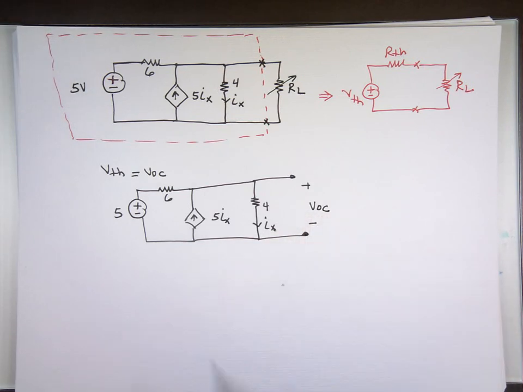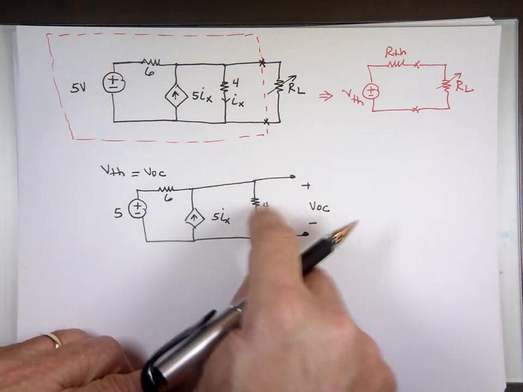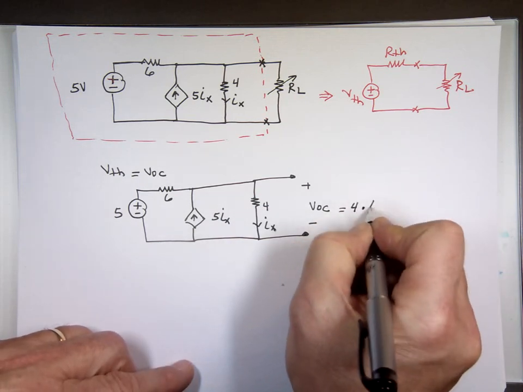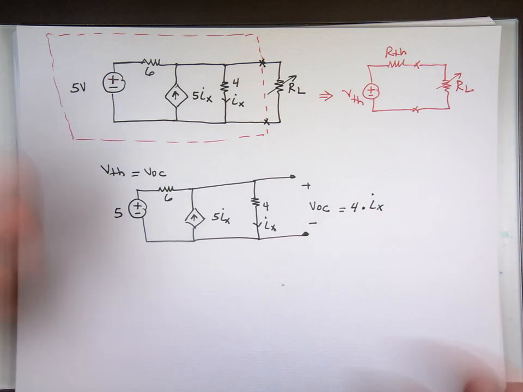So by looking at it, it's the voltage across that 4 ohm resistor, which is equal to what? 4 times I sub x. So if I know what my I sub x is, I'm done. How do you find I sub x? Well, I can use what?